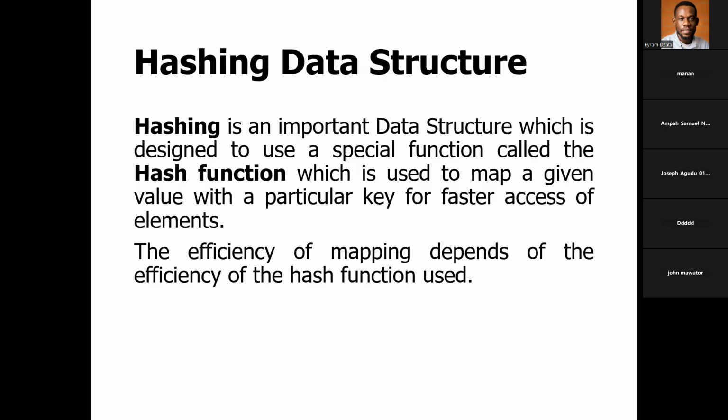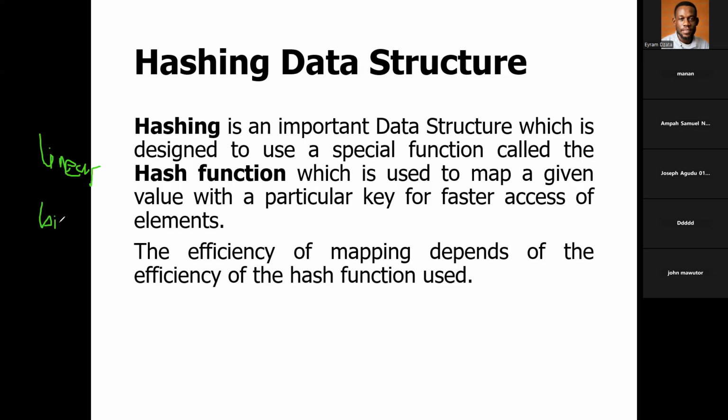Okay. So if you remember from our meeting last week, where we talked about searching and sorting algorithms, for instance the searching algorithms, we talked about the linear search and also the binary search.